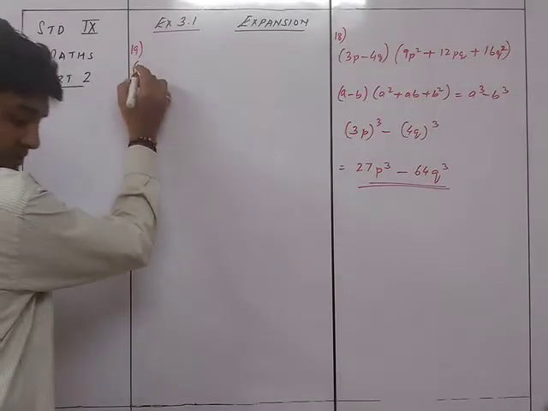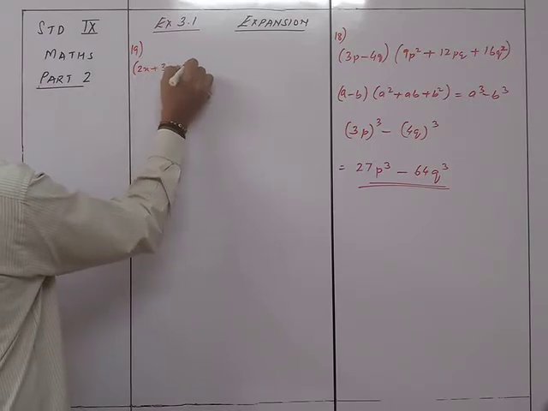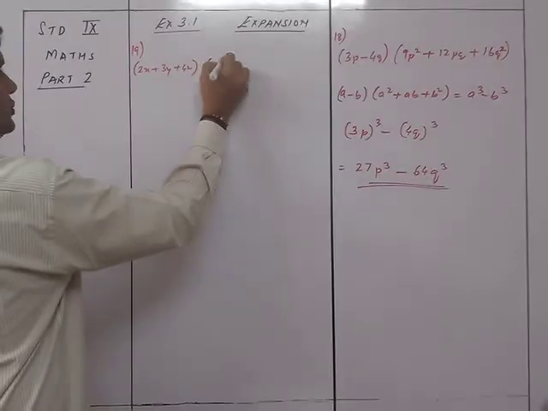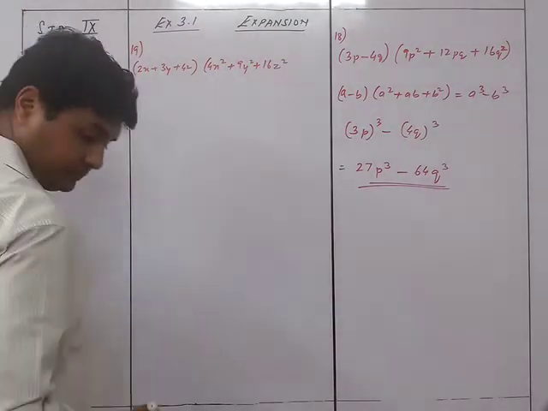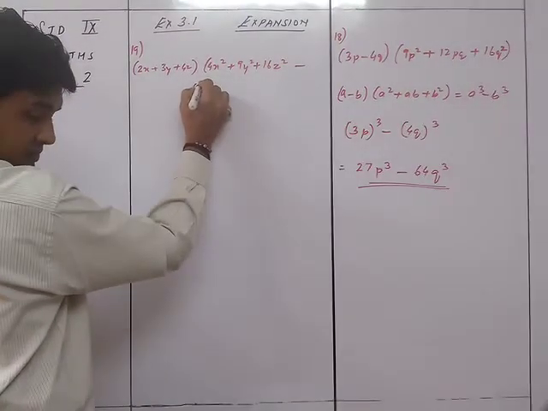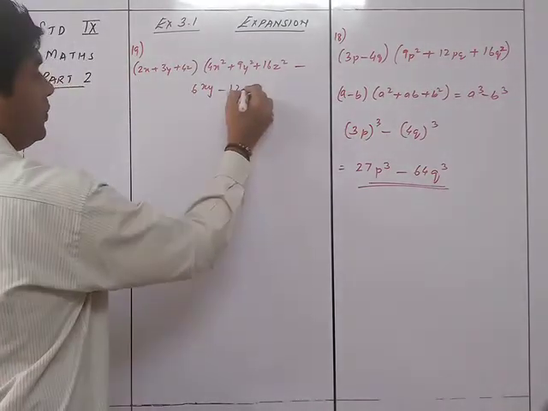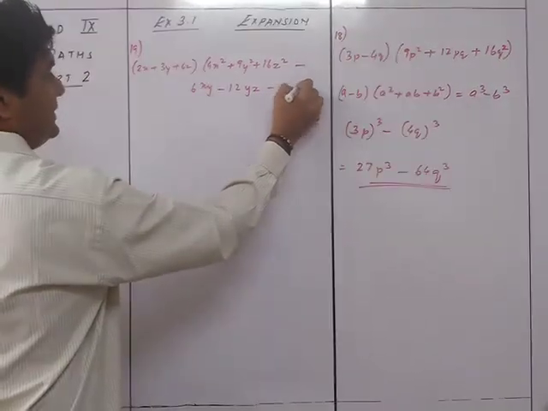It's given as (2x + 3y + 4z) into (4x square plus 9y square plus 16z square minus 6xy minus 12yz minus 8xz).